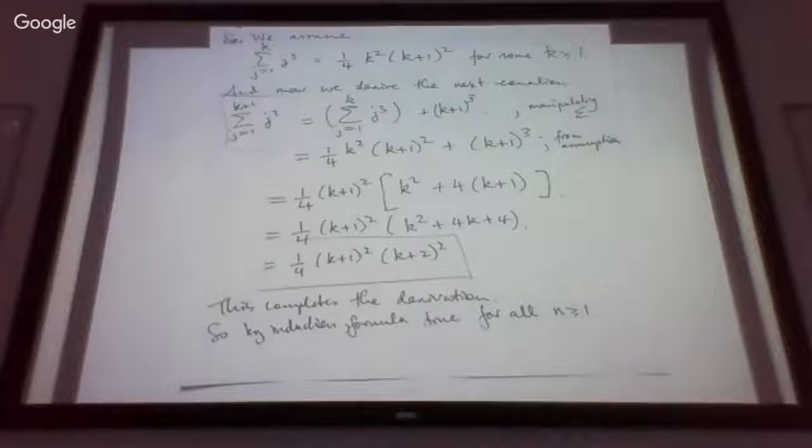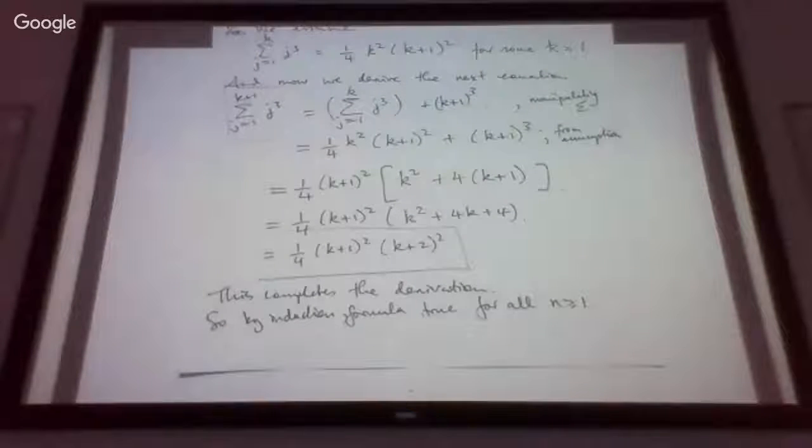Okay. Does that look okay? Any clarification that you would like, or comments to make on that?